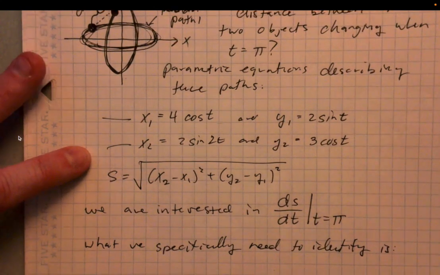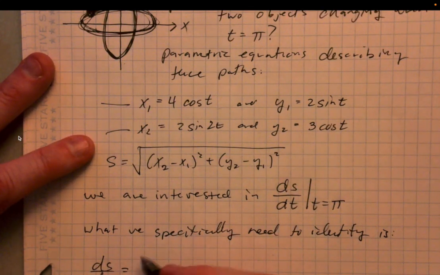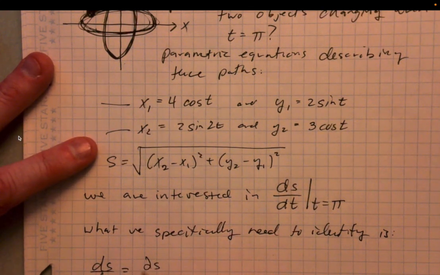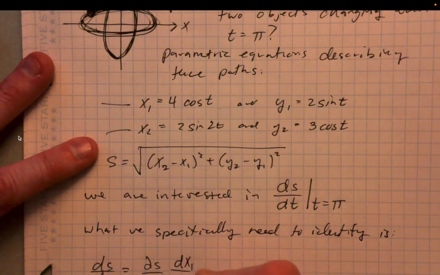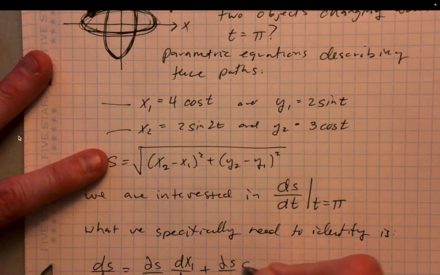Okay, so what we specifically need to identify is ds/dt, right? Let's write this out. It'll be the partial of s with respect to x1 times dx1/dt, plus the partial of s with respect to x2 times dx2/dt, plus we'll need the same thing for the y's.